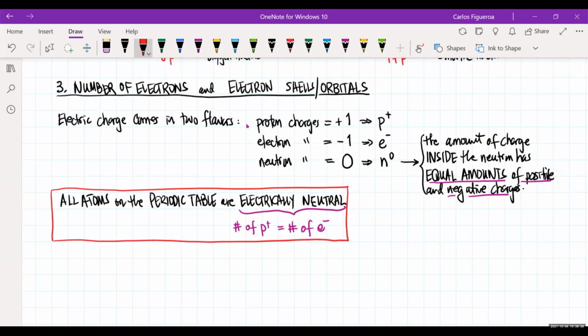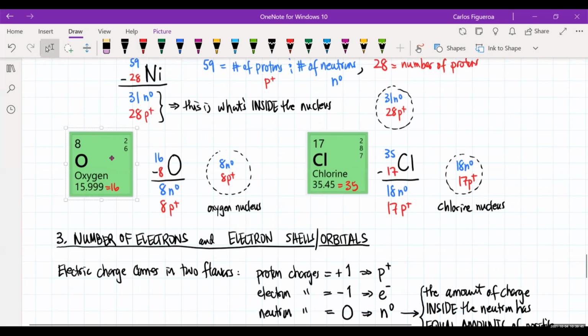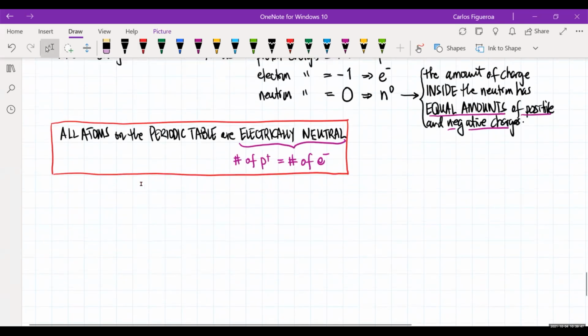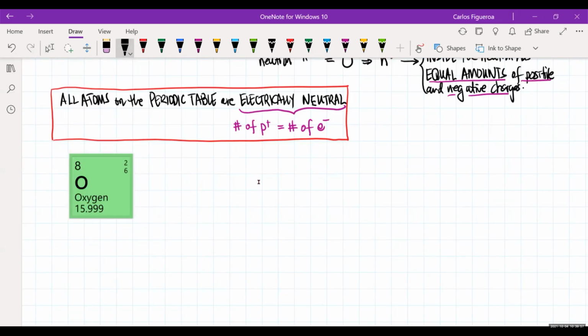So now we could go back in and let's look at oxygen, for example. If I write this in atomic spectra, what did we say? Well, oxygen has 16 and it has 8 protons.